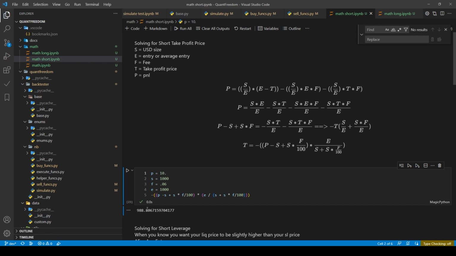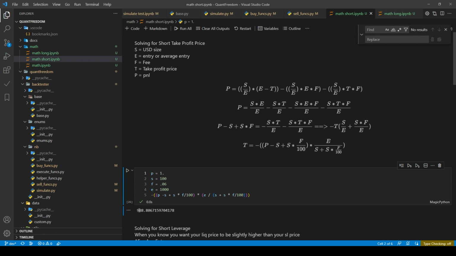Oh, if I want to make $10 with a position size of 1,000 and my average entry is this, then I need to go to... wait, if I wanted to make $2, I want to make $1.